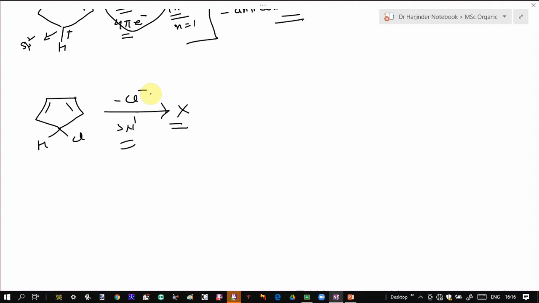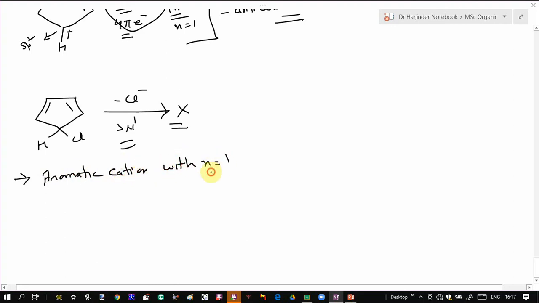Now let's take the other example of aromatic cation. So this was the aromatic anion with 6 pi electrons. So let us take the example of aromatic cation with n is equals to 1, that means with a 6 pi electron system. In the exam they may ask you to give an example of an aromatic cation, aromatic anion and neutral compound with 6 pi electrons. So neutral is benzene, okay, and the anion was cyclopentadienyl anion, and the cation we are going to discuss.